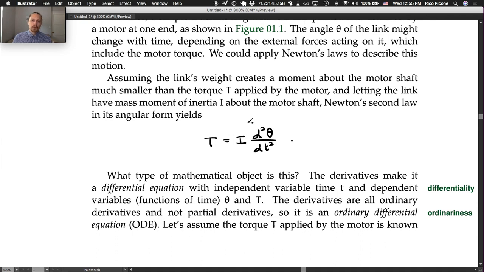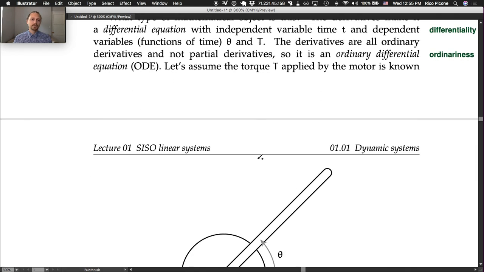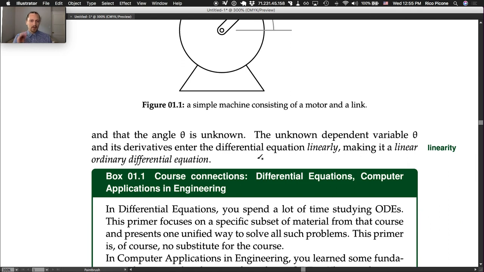Notice we don't have, for instance, a theta cubed here, or a cosine term. Those are nonlinear functions. It enters linearly because it's just multiplied by a constant. So, linearly. All right, great.